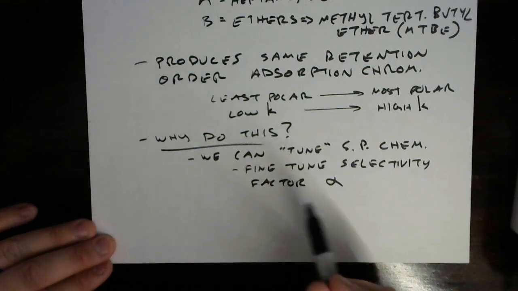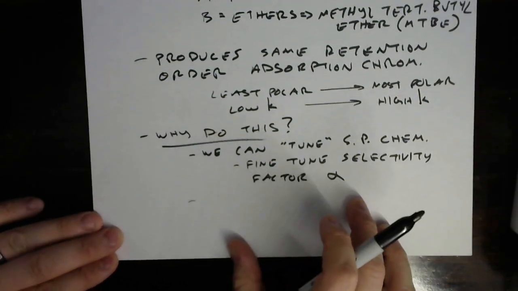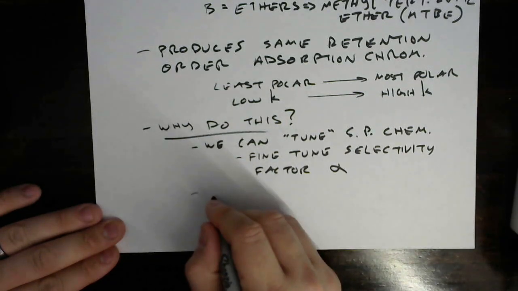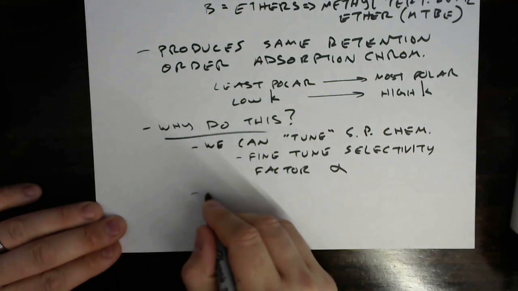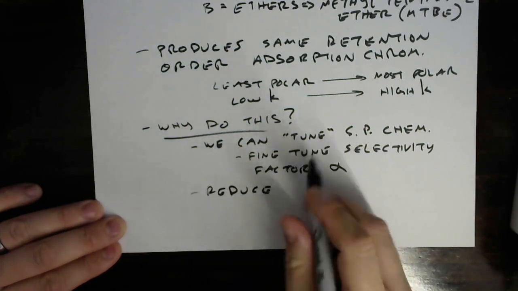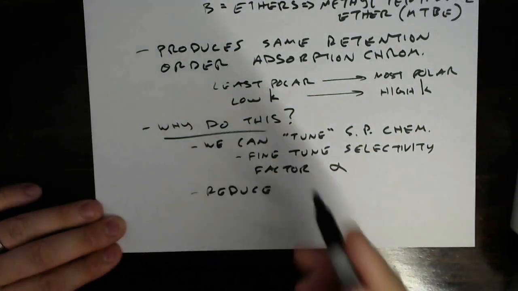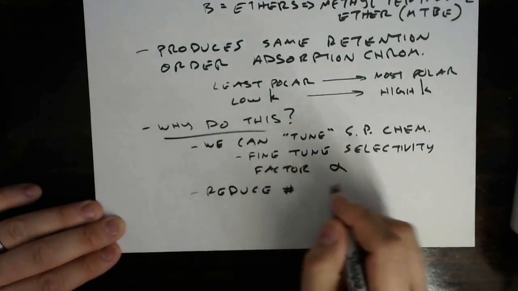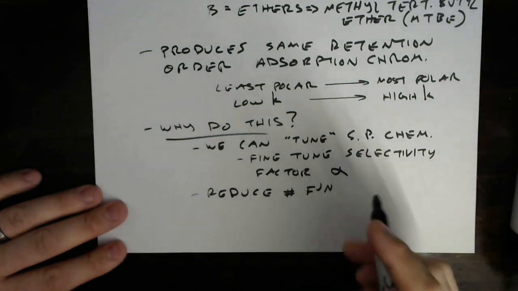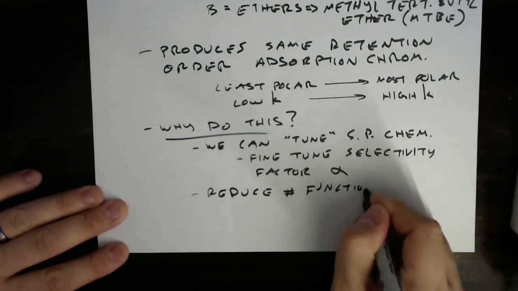is a huge benefit. The other thing, the theme that I've hit on in adsorption chromatography the whole time, is that we can reduce the number of functional groups this way, the number of binding groups on the stationary phase.